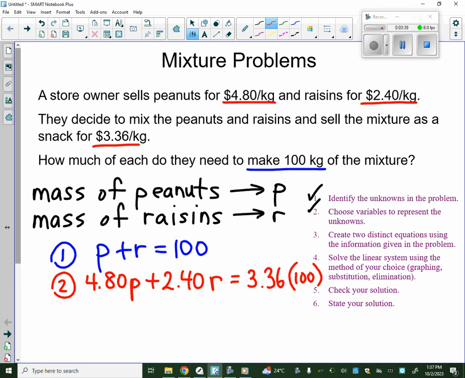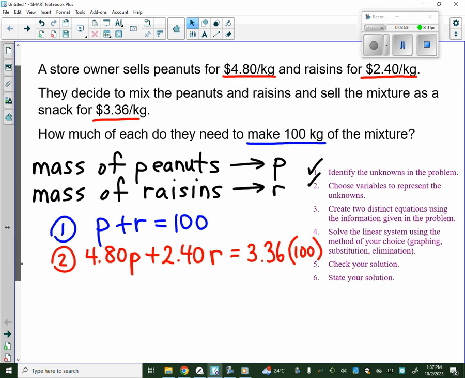We know that it's 100, right? They're looking to make 100 kilograms of the mixture. So this equation looks a little different than the ones we were building for the number problems and the value problems, but that's why mixture problems are a little bit different than those. We now have a system of equations that we need to solve.